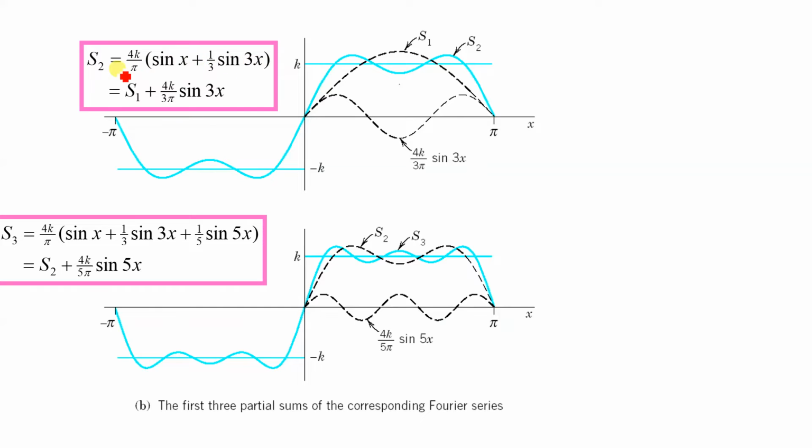Now if we consider the first two terms, that is, if we approximate the function with S2, then the terms included in the approximation are 4k over pi sine x plus 1 over 3 sine 3x, and this is the graph of the right side of this equation. That is, this is the graph of S2. This is the graph of S1, which we have already seen. This is the graph of S2.